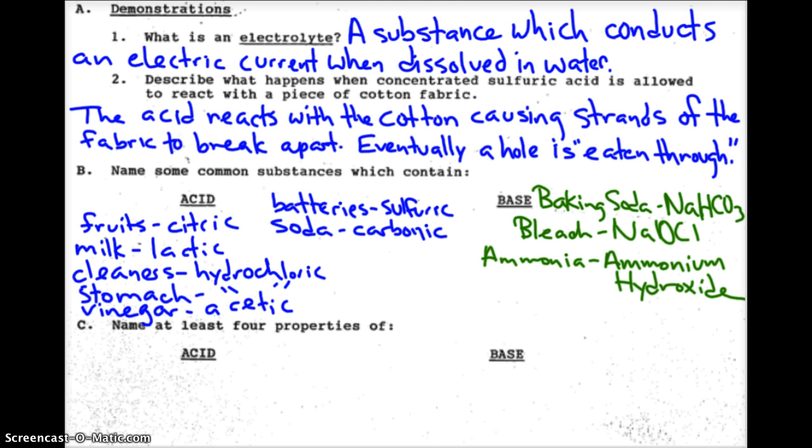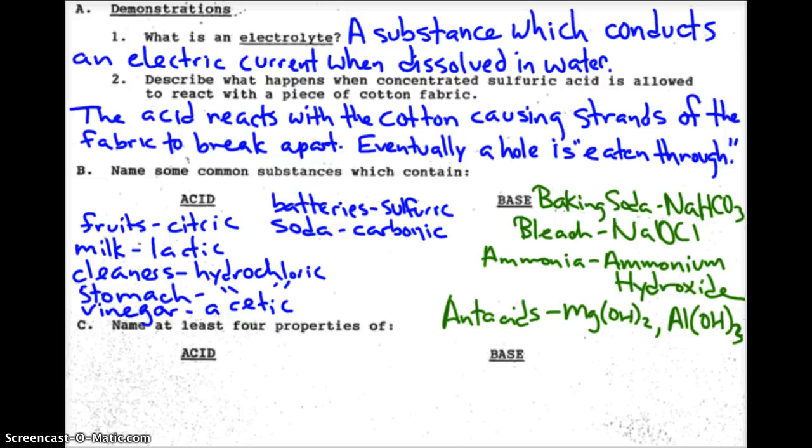A lot of antacids are various hydroxides, weak bases. We have things like magnesium hydroxide, aluminum hydroxide. Oops, that'd be a 3. Various things like that.